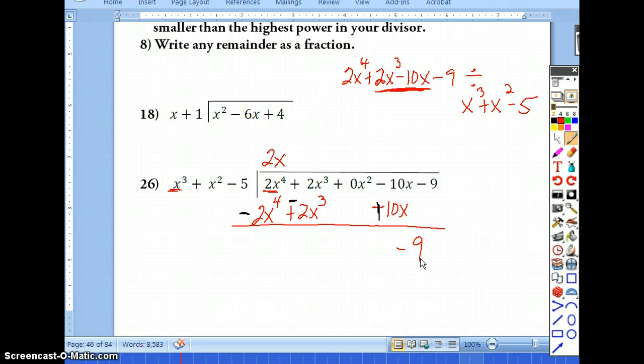And now that is less than x cubed in terms of powers, and so that's just going to be our remainder. The answer is 2x with the remainder of negative 9 over x cubed plus x squared minus 5.